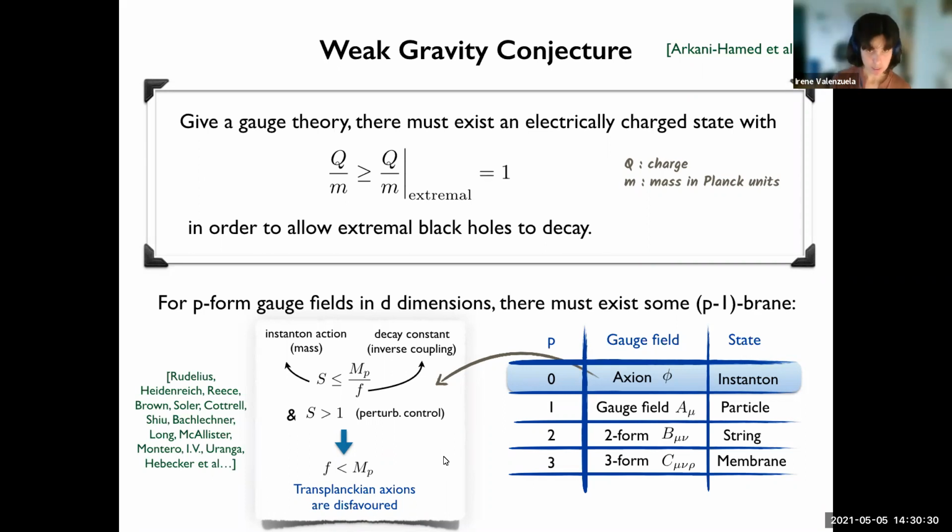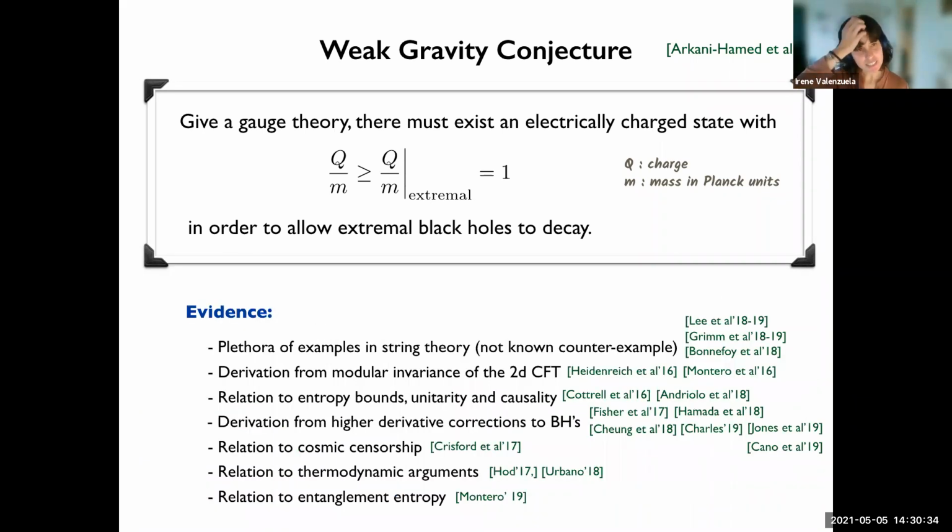Now, what is the evidence that we have for this? I collected here the evidence that we have for the weak gravity conjecture. First, we have many examples in string theory, where we identify the states satisfying the weak gravity conjecture. But also there are several people that have tried to find a proof or semi-proof of the weak gravity conjecture from different research areas.